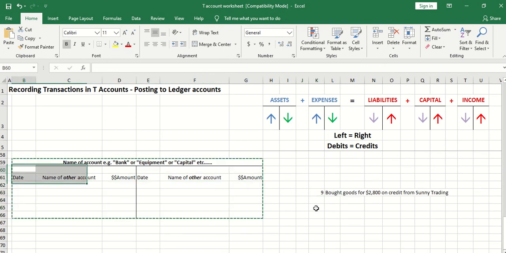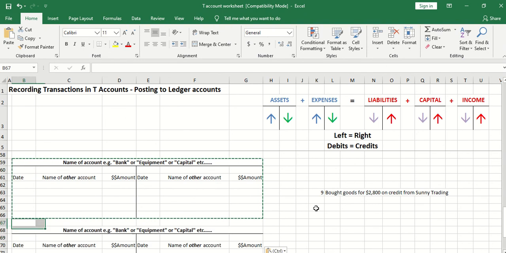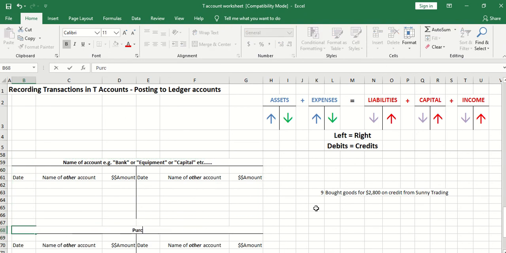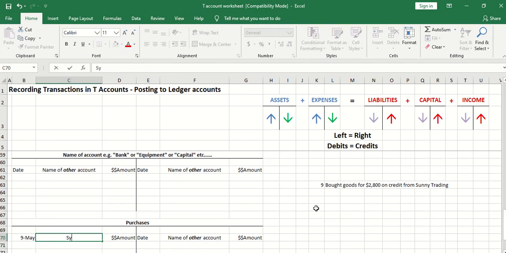So let's create another one. Let's first of all put my purchases. As I said, purchases is an expense account. So 9th of May, I'm buying it from Sunny Trading for $2,800.